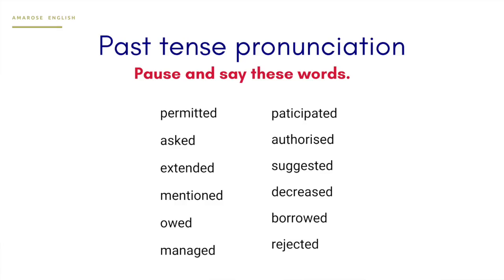So I want you to pause right now, and maybe record yourself saying these words. And then once you press play, I will read them out and we will go through how we pronounce the past tense.